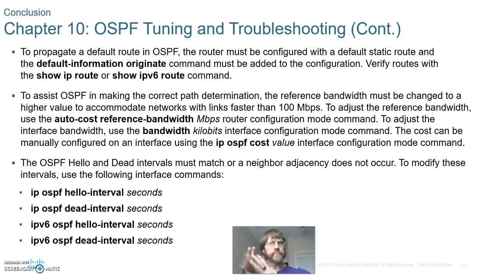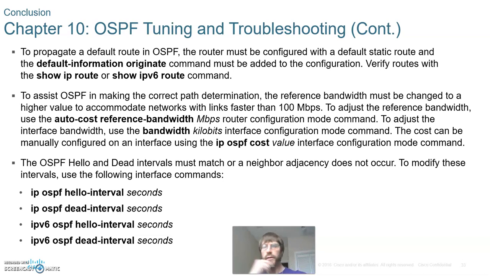Or alternatively, if your default route is produced from another routing process, say EIGRP or BGP or whatnot, the default-information originate command will still work.